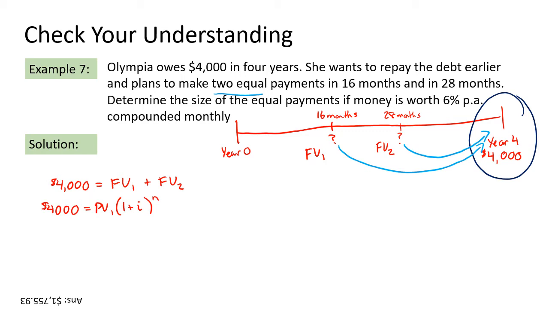Again, that's the number of compounding periods for this payment, plus present value payment 2 times 1 plus that periodic interest rate, all raised to the exponent n. Again, the number of compounding periods for this payment.